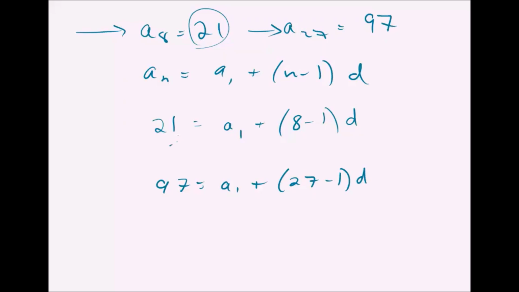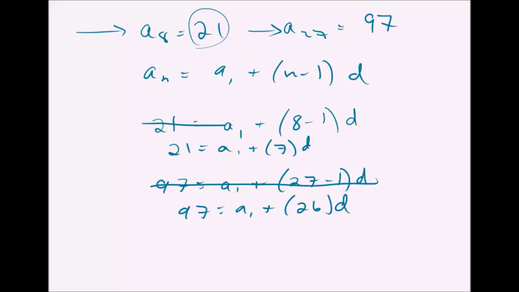So we'll just clean that up a little bit. 21 equals a1 plus 7 times d, and 97 equals a1 plus 26 times d. Now we need to solve that system of equations. So we're just going to subtract the 2 to get rid of a1.